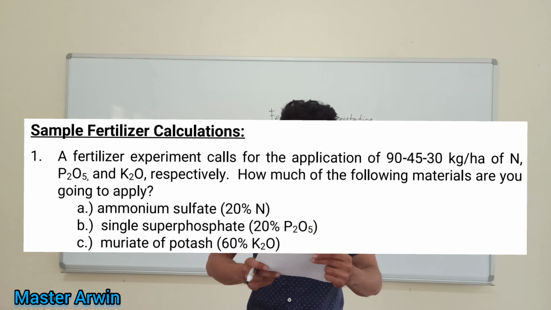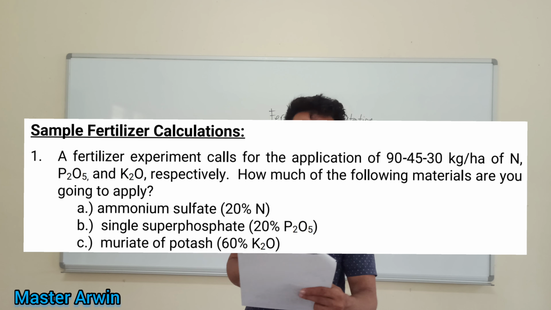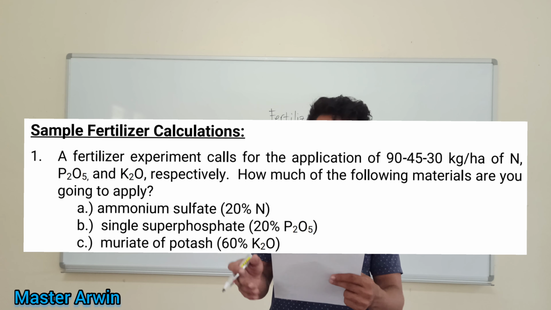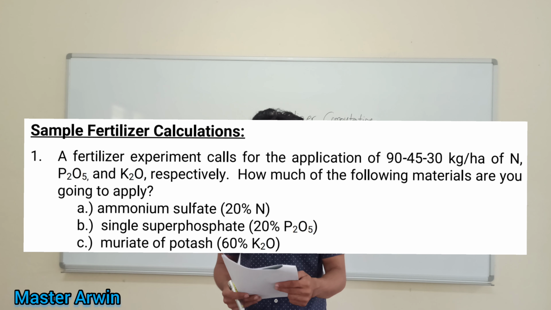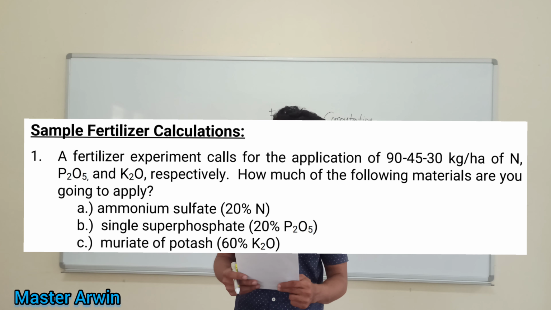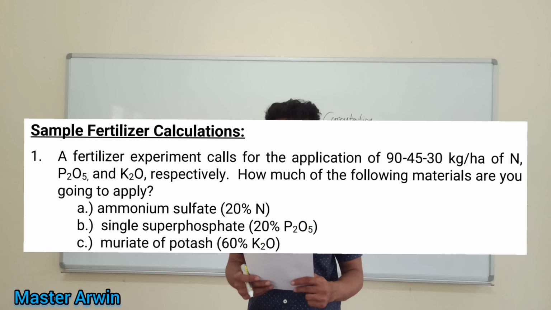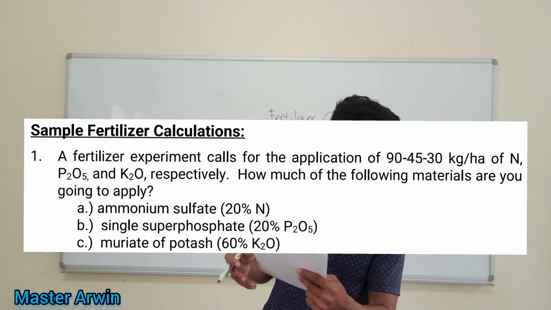The question is, how much of the following materials are you going to apply if you have these materials? The ammonium sulfate, which has 20% nitrogen, single superphosphate, which has 20% phosphorus, and a muriate of potash, which has 60% potassium.